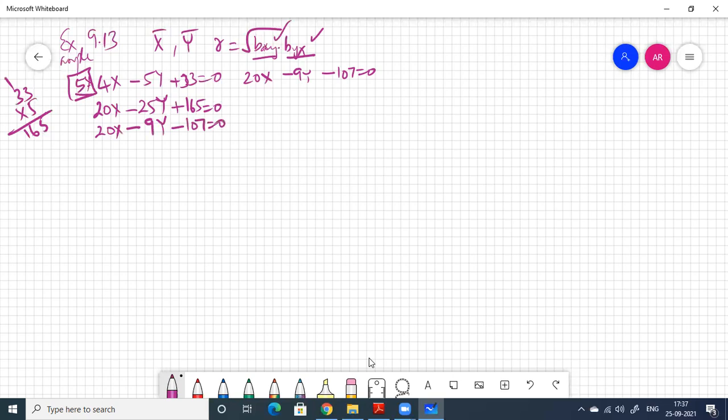Now you can subtract. The 20x terms cancel. Minus into minus will become plus, so minus 25 plus 9 is minus 16y.